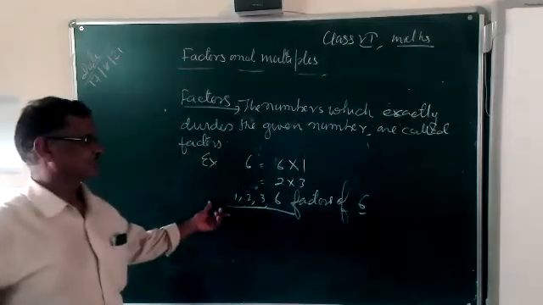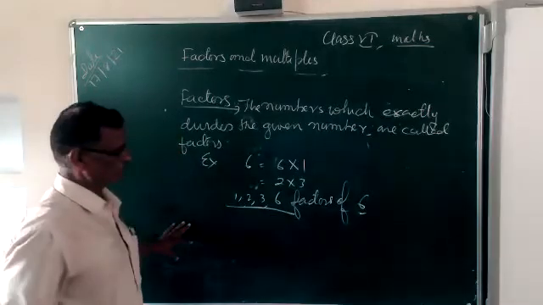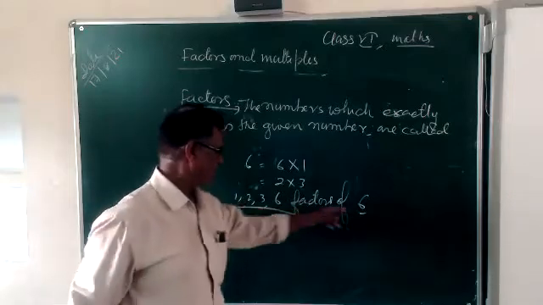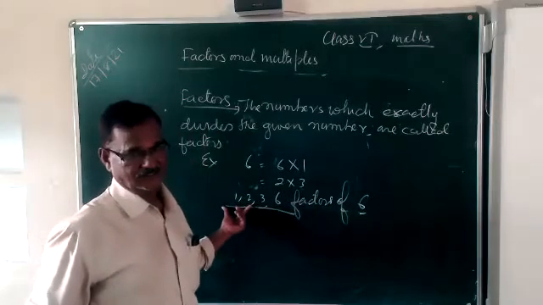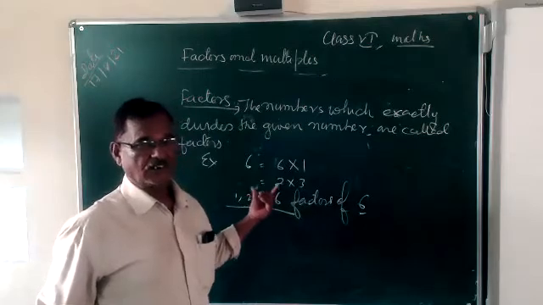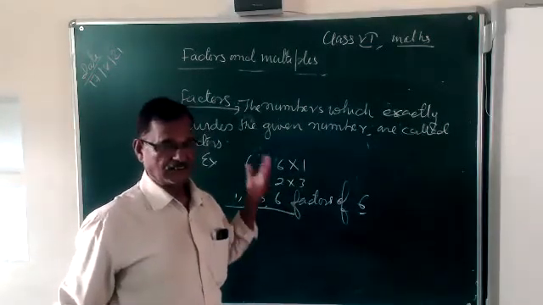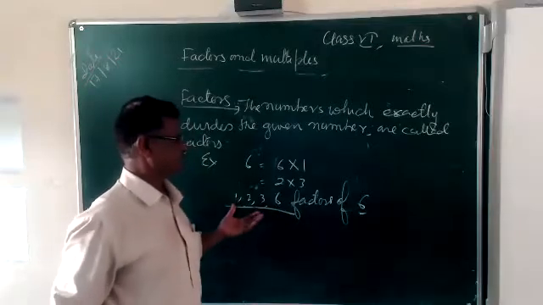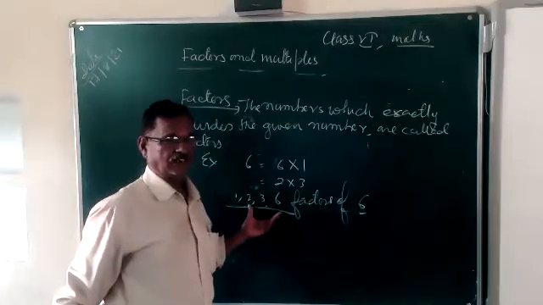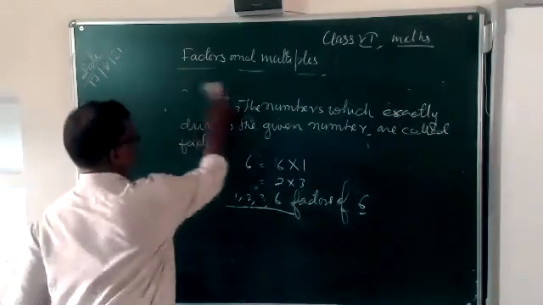This is the factors. Now there is a multiple. Here see, what is the multiple? Here 6 is the multiple of all the factors. So a multiple is the number which is divisible by the given number. The numbers which are divisible by the given number are called multiples of the given number.